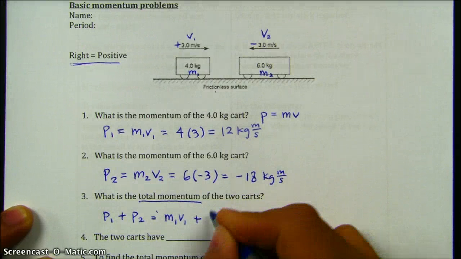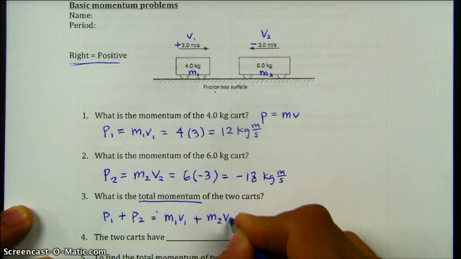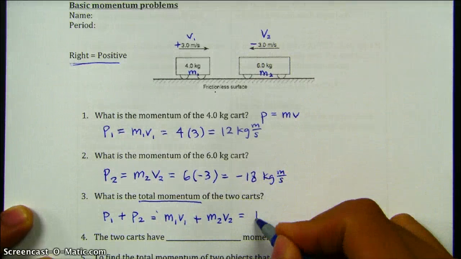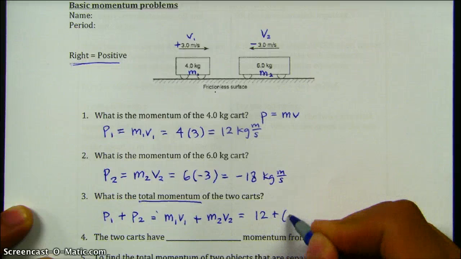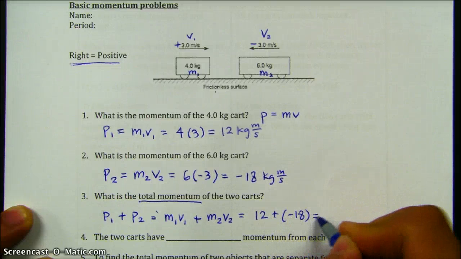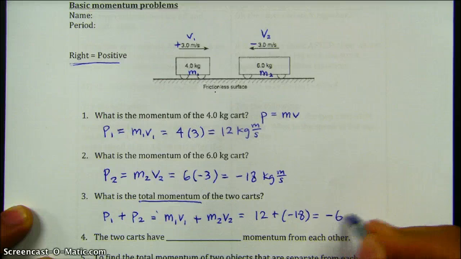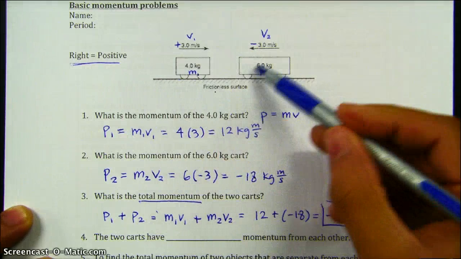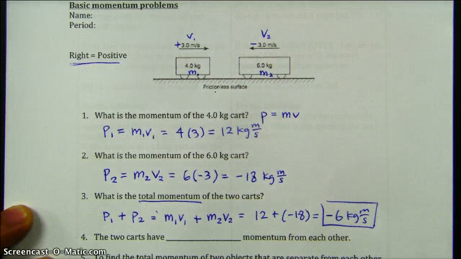Momentum of the second car is mass of the second car times velocity of the second car. And since I already did the math here, I know it's 12 plus negative 18, and that will give me negative 6 kilogram meters per second. So we know the total momentum here is going to be negative 6 kilogram meters per second.